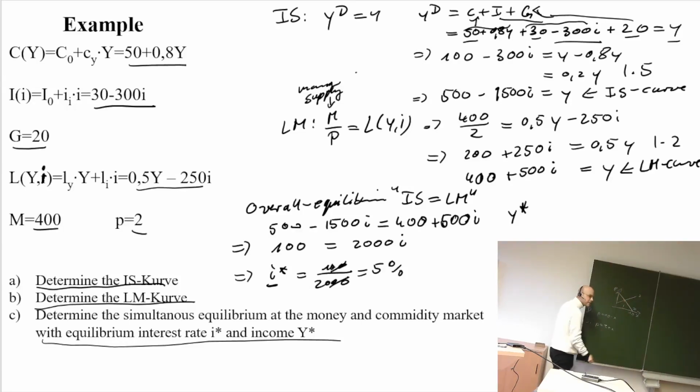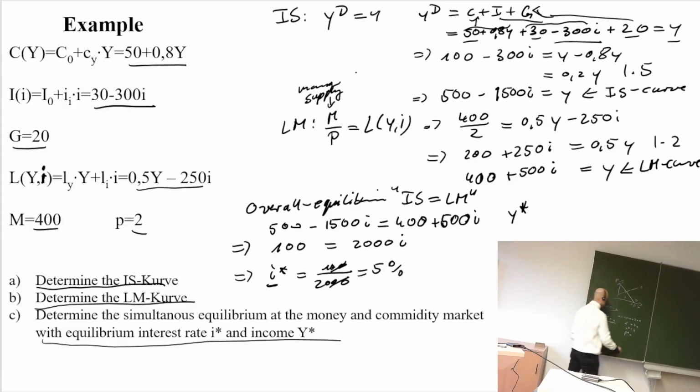And if you set this equal, then you have 10 minus X equals 2 plus X. Then you have 8 is 2X. So X star is 4. And how do you obtain P? Of course, just inserting the equilibrium quantity. So 10 minus 4 equals 2 plus 4 is, of course, 6.